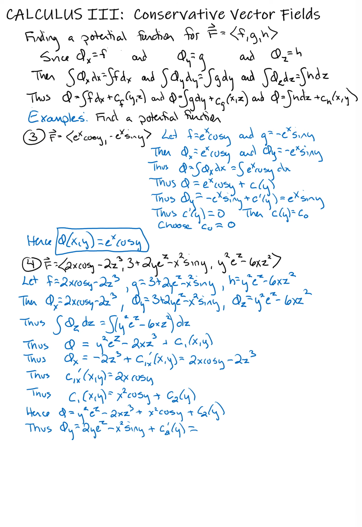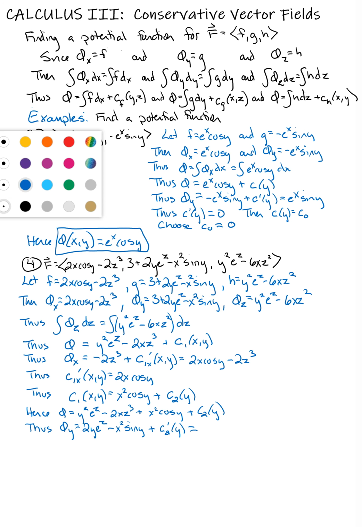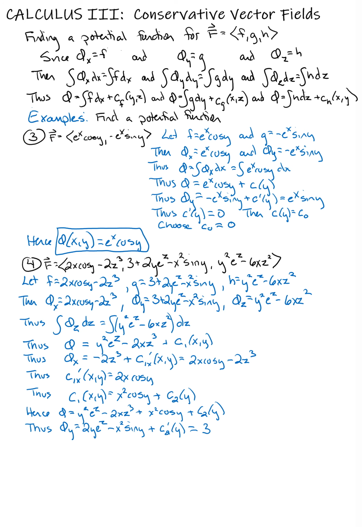But we know that that has to be equal to g, so that is equal to 3 plus 2y e to the z minus x squared sine y. Looking at the two sides of this equation, I can see that C2 prime must be equal to 3.